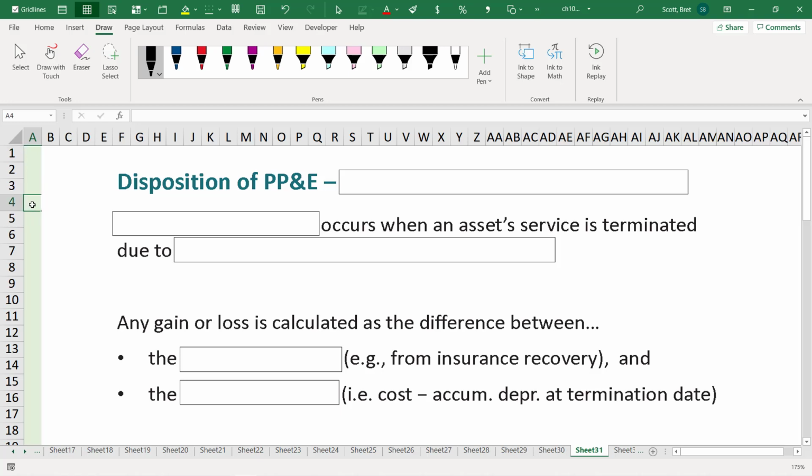Disposition of PP&E that involves involuntary conversion, which is a fancy phrase for things like when things were stolen, right?